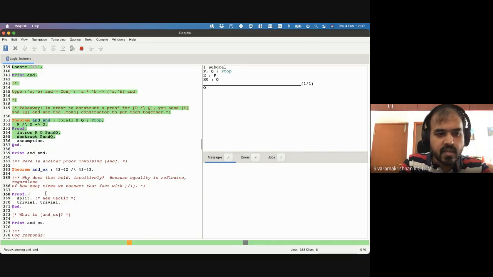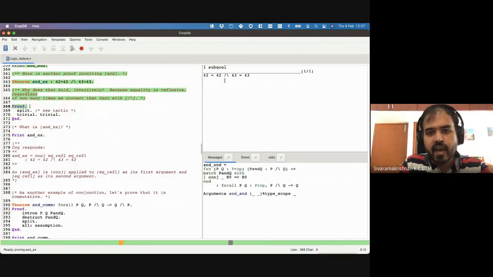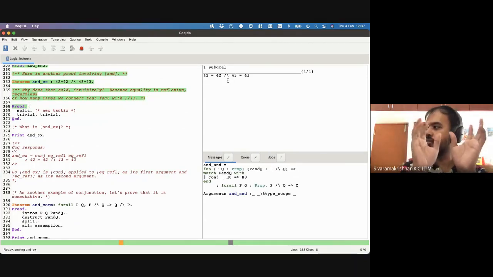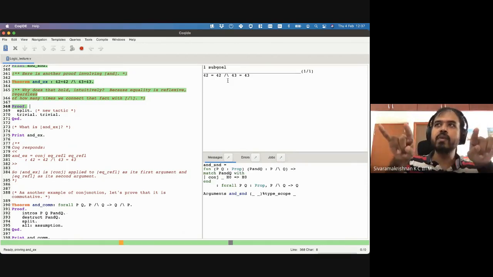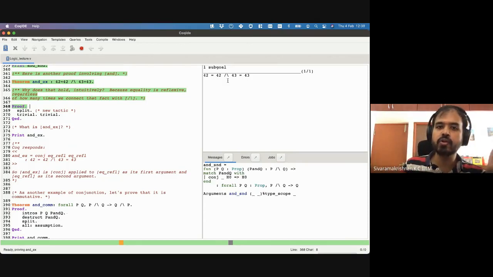But the difference here is we have a conjunction in the goal, right? So this is sort of different. Earlier we had two pieces of evidence that were just put together using this conj constructor. Here we need to show both of them independently hold. The obligation is on us to show that both 42 equals 42 holds and 43 equals 43 holds.